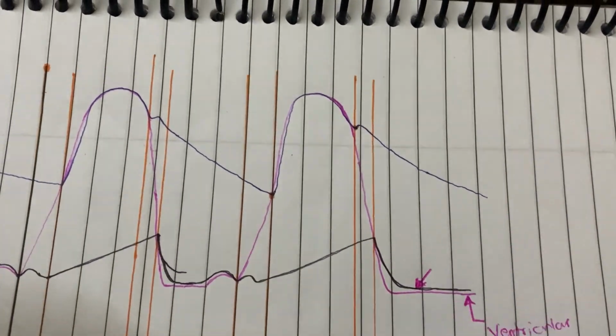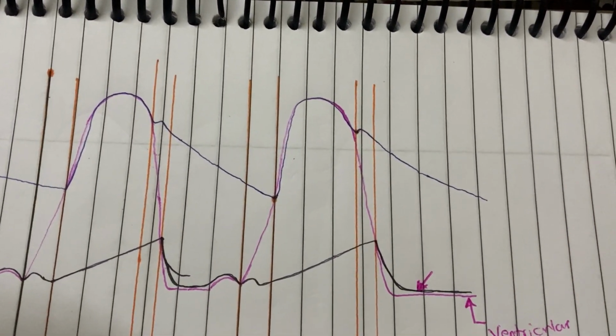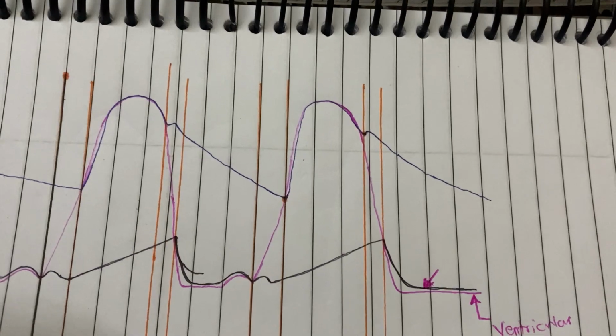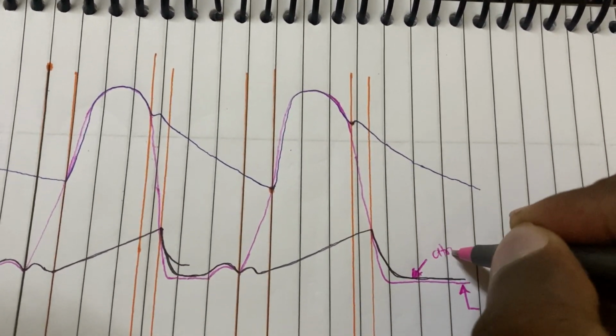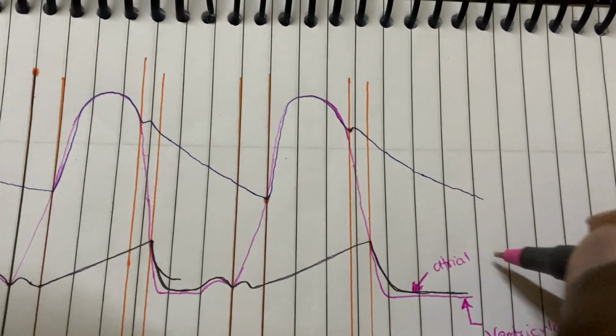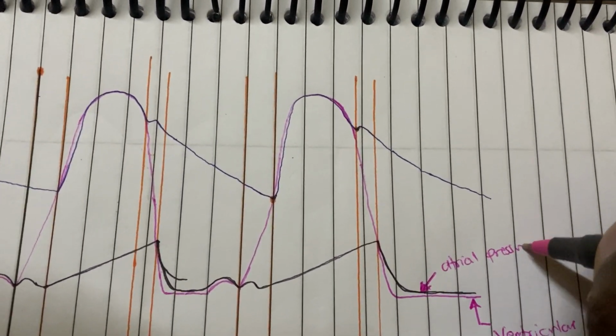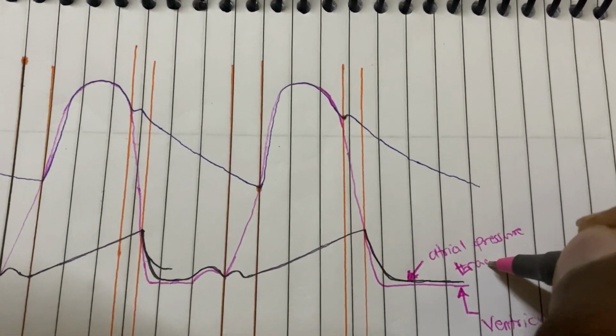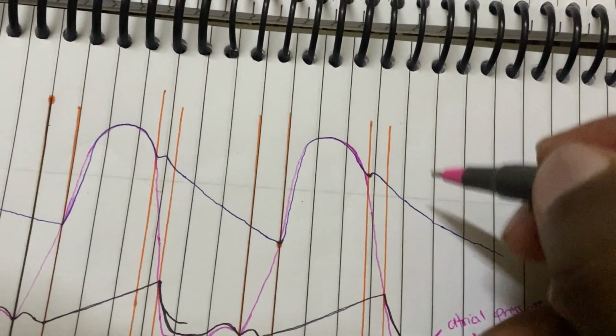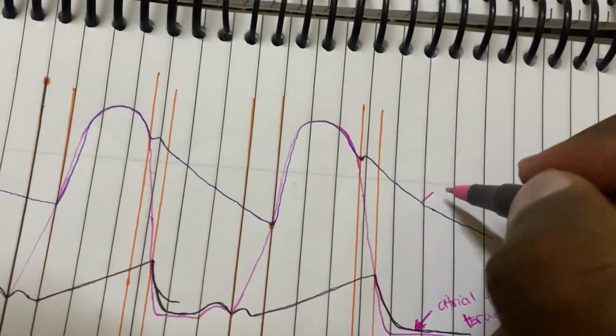The black one is an arterial pressure tracing. And then this is the aortic.